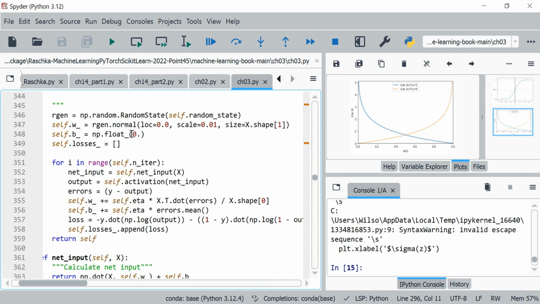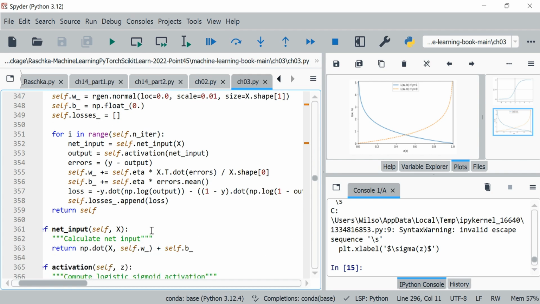And the bias is a float number 0. Then create an empty list for losses for each epoch. Then for each epoch in a for loop, we will first get the net input from X.